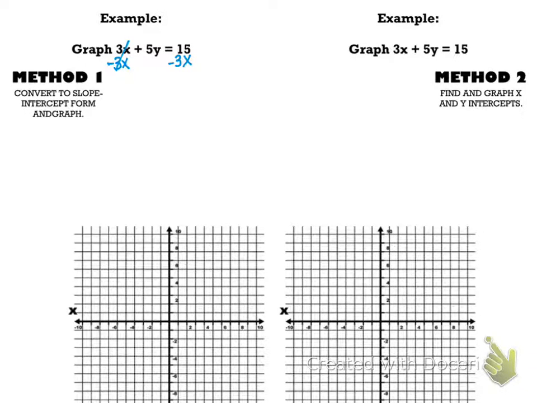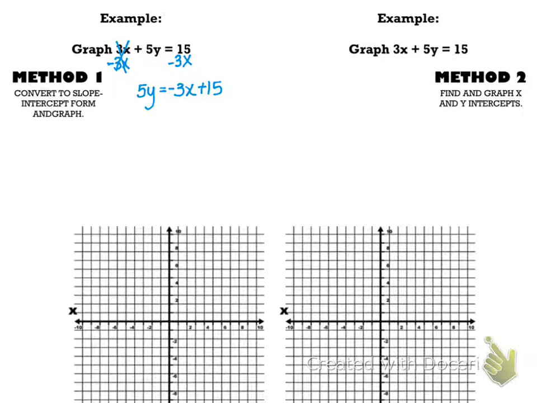So on the left, they add to give you 0, so they go away, and you're left with 5y equals negative 3x plus 15. And I wrote that x value first because I'm working towards mx plus b form, and so whatever is married to that x, touching that x, it needs to go in the first position.